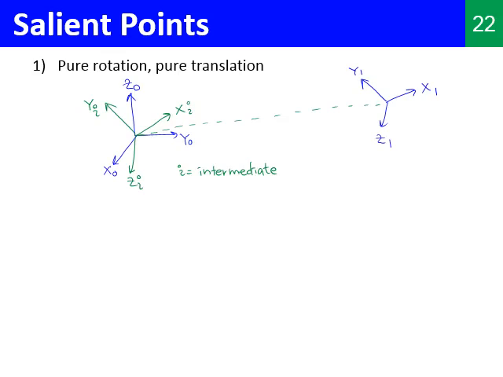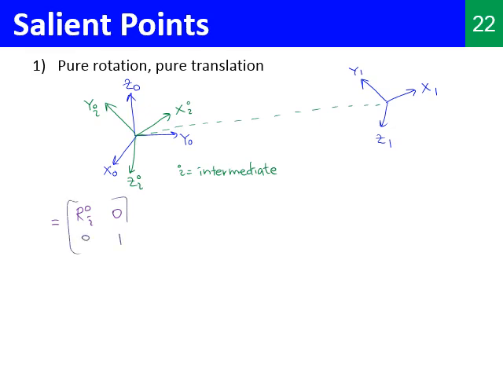First, let's take case number 1, where we do a pure rotation first, which is followed by a pure translation. Here in this figure you can see, once we do the pure rotation, we get frame I, which is the intermediate frame, and with that orientation we do the pure translation. So we can write these two operations as a multiplication of two H matrices. First we would have R0I, and there's no translation, therefore this should be 0 0 1.